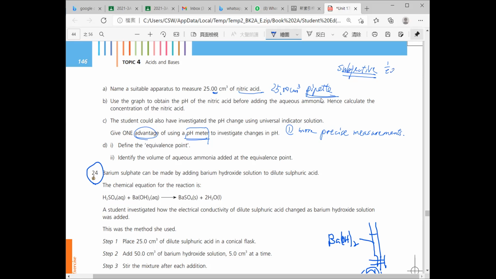Very subjective. So it will give you some human error. Just the changes in color is rather subjective. While when you monitor the pH, it's more precise because the monitoring of the pH is rather instant. Okay.